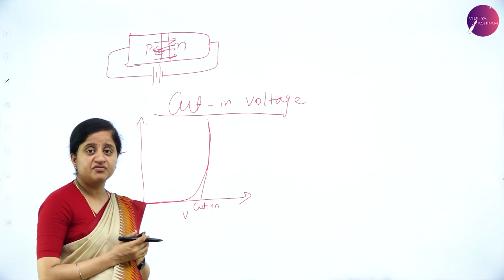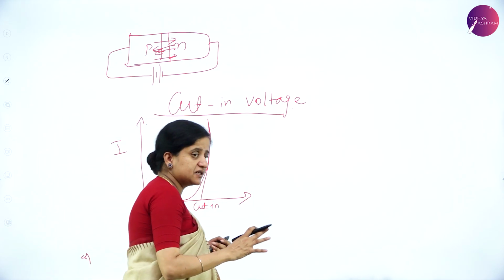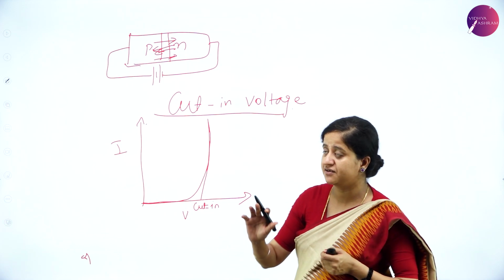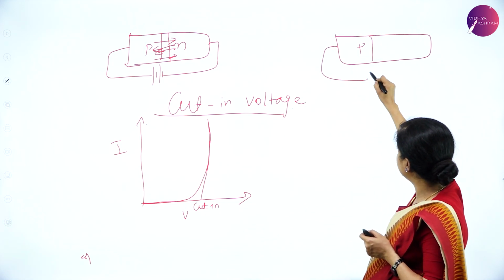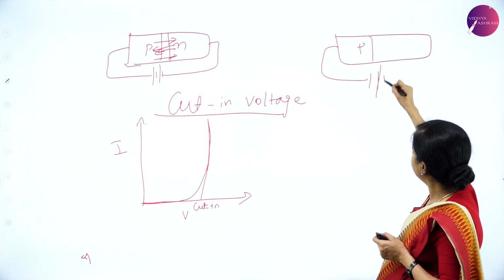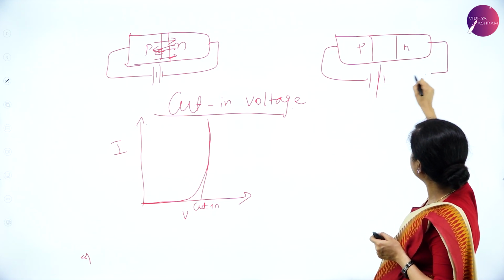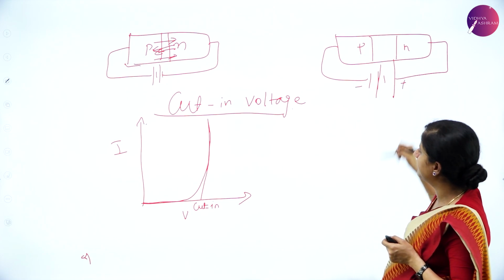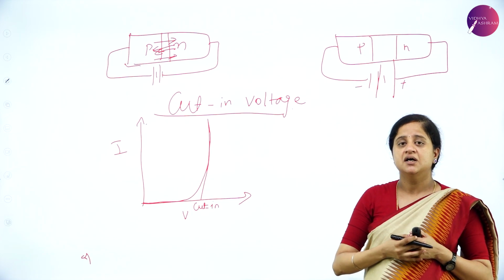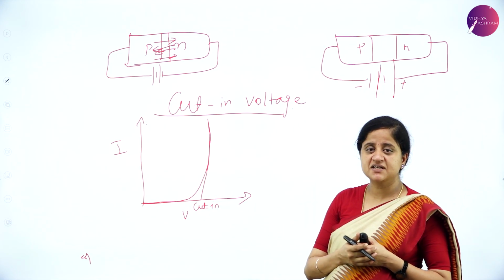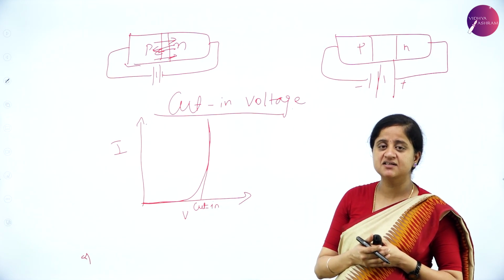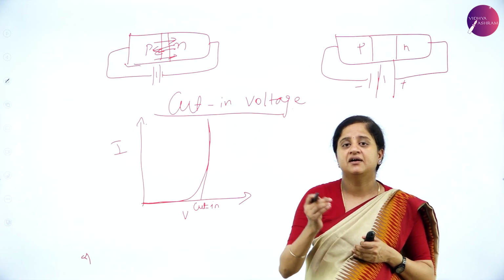Similarly, in reverse bias condition, the P side of the material is connected to the negative terminal of the battery and the N side is connected to the positive terminal of the battery. This condition is said to be reverse bias. When the diode is in reverse bias, the majority charge carriers stop flowing across the junction.